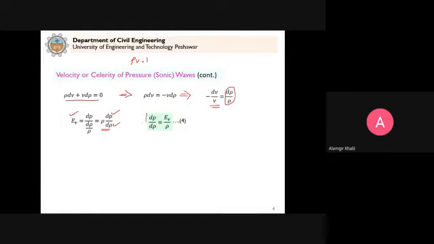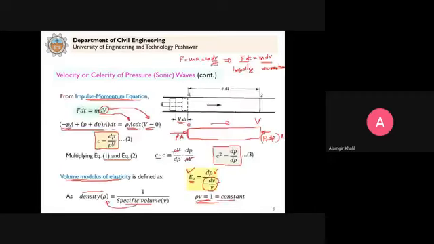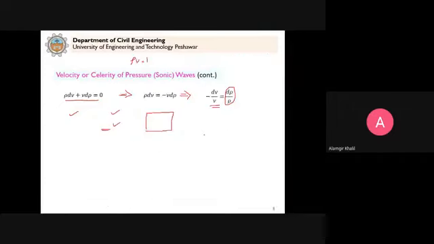Now you see here that we have dP by d rho equal to EV by rho, and in equation number 3 we have dP by d rho equal to c square. So now we can compare equation 3 with equation 4. So we get c square is equal to EV by rho.